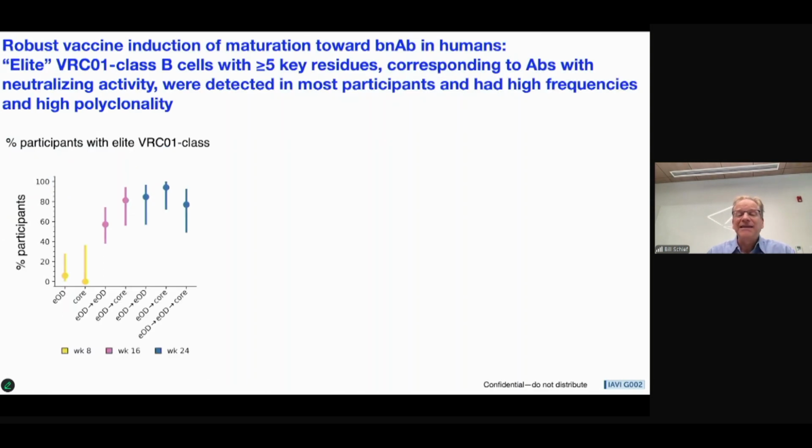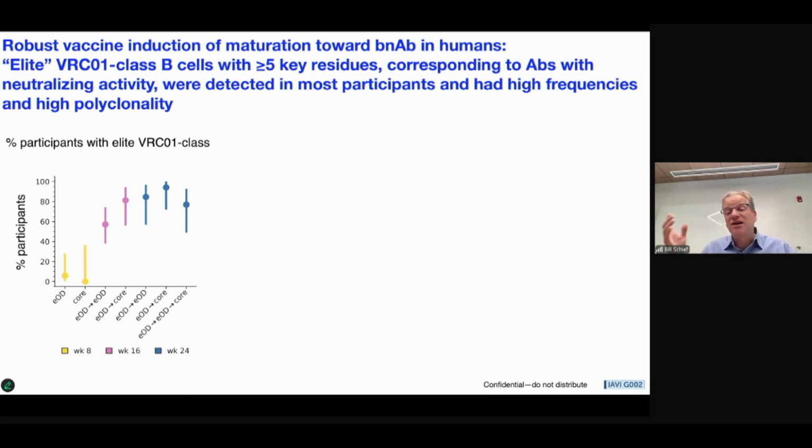And my last data slide is to come back to those selected responses. So I showed you that if you just look randomly at all the VRC01 class responses, you can't really see a great affinity advantage. But if you look at the selected ones, you see an affinity advantage. They can bind to trimers. They can neutralize pseudoviruses lacking the glycan.